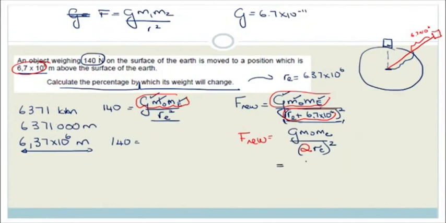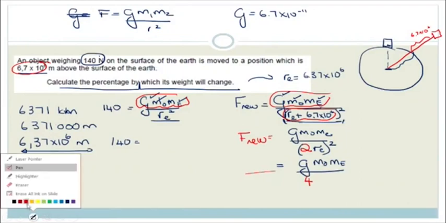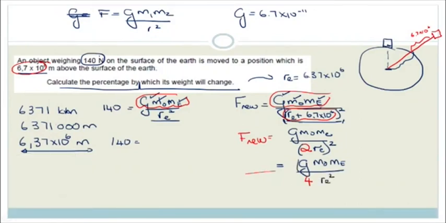So what happens? Do you agree that becomes G MO ME over 4RE squared? But what is all of this? This is equal to 140. So do you agree that the new force is 140 over 4?